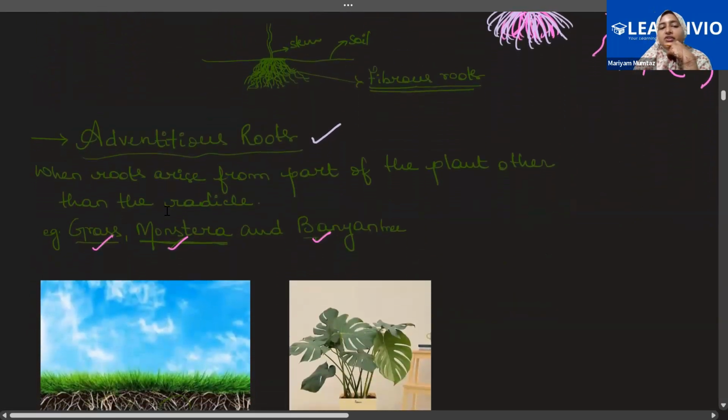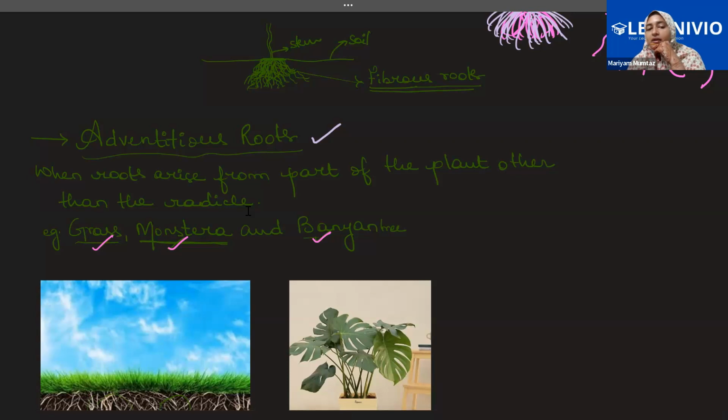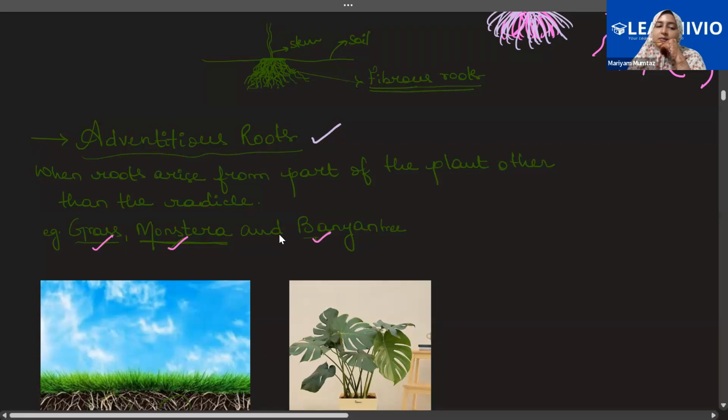Then come adventitious roots. See, when the roots arise from a part of the plant other than the radical, they are purely adventitious, meaning they do not arise from the radical at all. Any other part of the plant. So the examples are grasses.